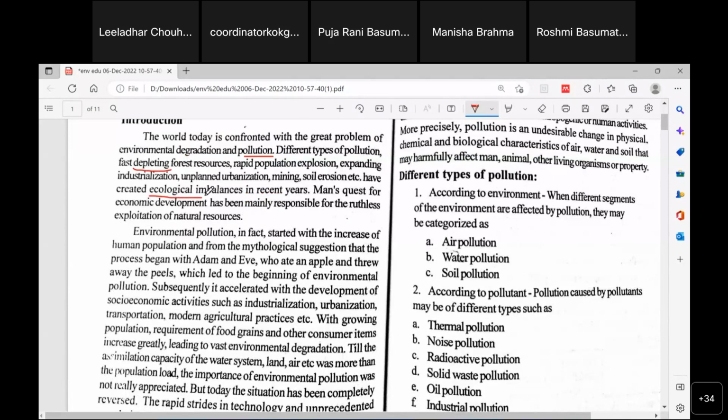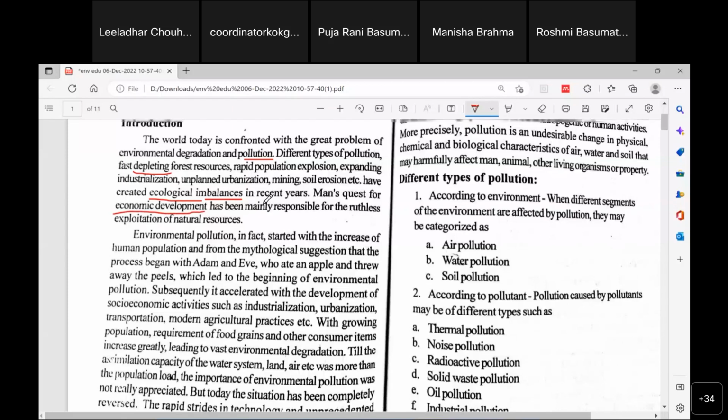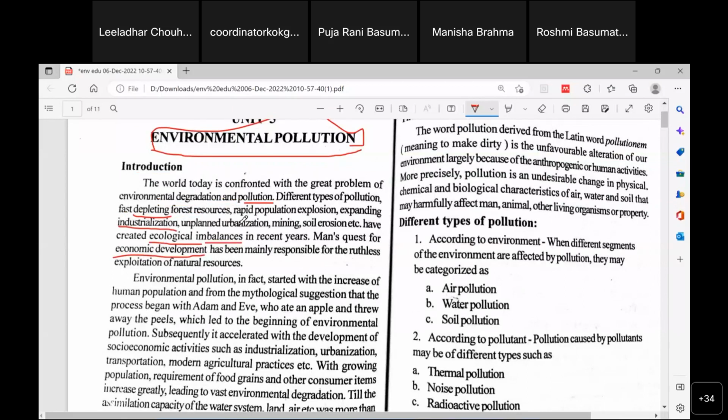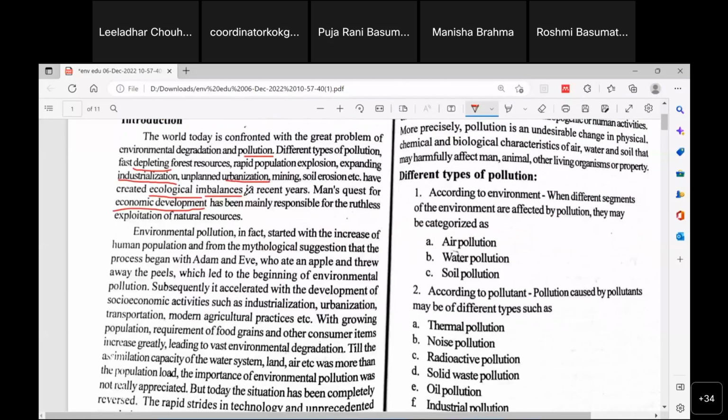Ecology has already been taught to you. Remember that if ecological imbalance is created, then lots of problems come into our environment. And mainly, the thing is economic development. For economic development, we have cut down trees, we have gone for industrialization, we have done urbanization. Urbanization means lots of cities are expanding.